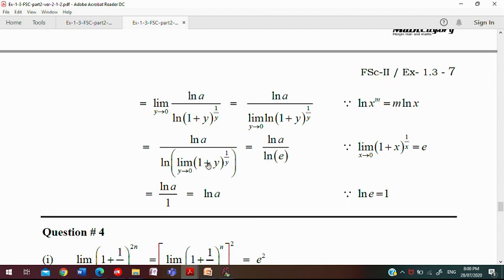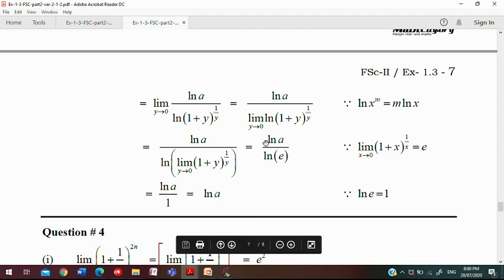This is the statement of our previous theorem, the deduction of the previous theorem: limit y approaches 0 of (1 plus y)^(1 by y). Whenever we get this type of question, this will become equal to e, and finally log a divided by log e.